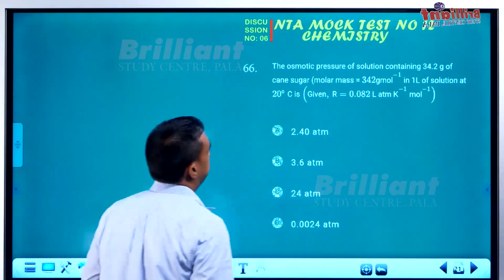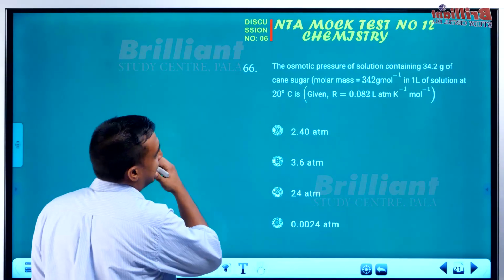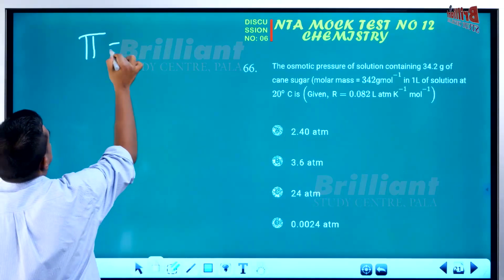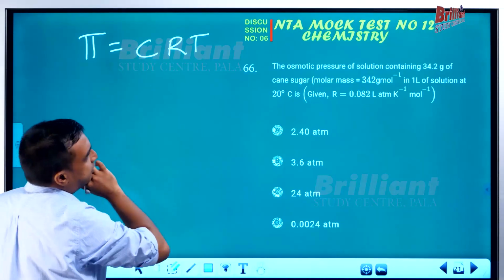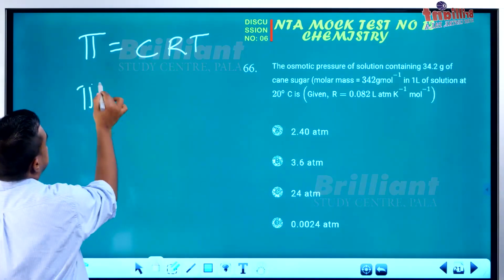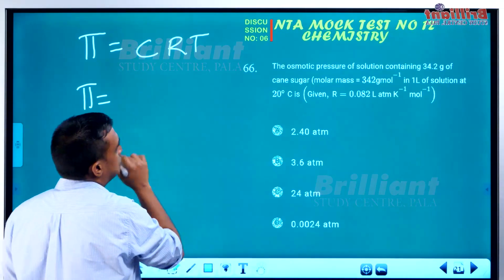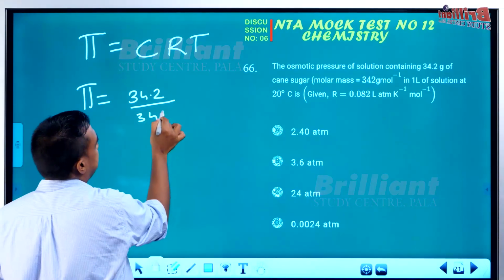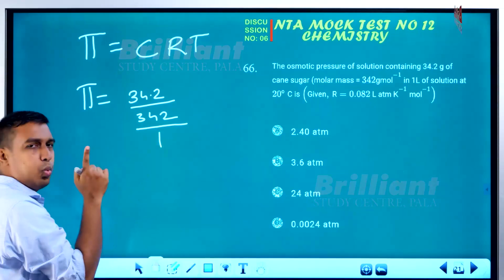Coming to question number 66. The osmotic pressure of a solution, 1 liter. Now for this, pi is equal to CRT. This is the relation. We have to find the osmotic pressure, so pi is equal to C. Concentration we take as molarity. So the number of moles is 34.2 by 342, divided by 1, the number of moles present in 1 liter.